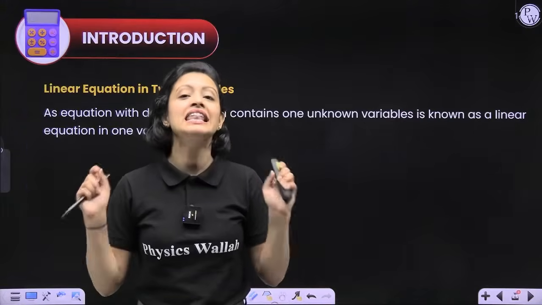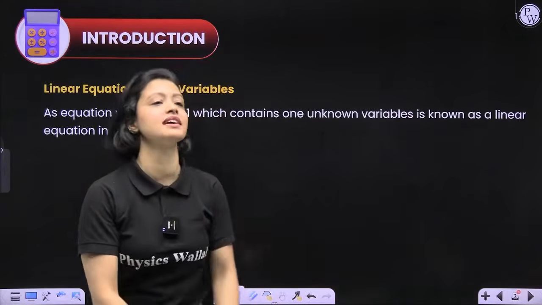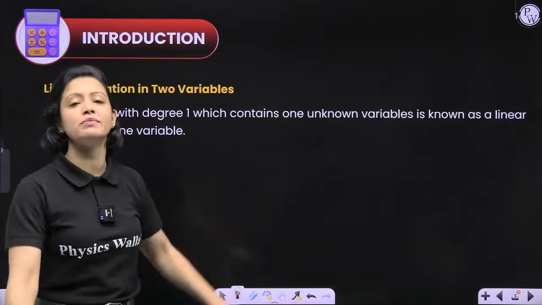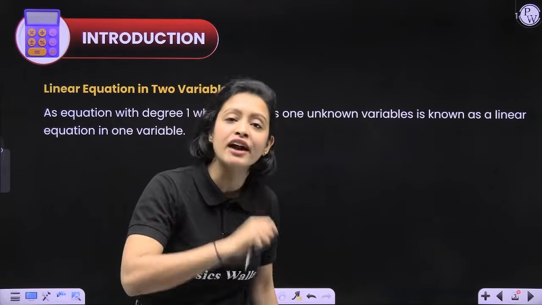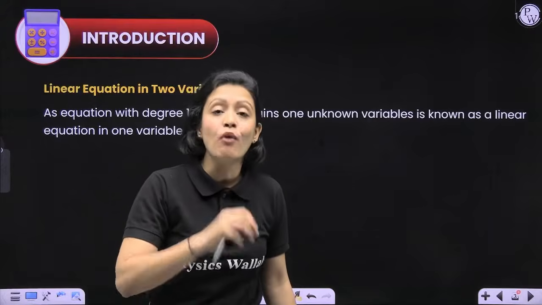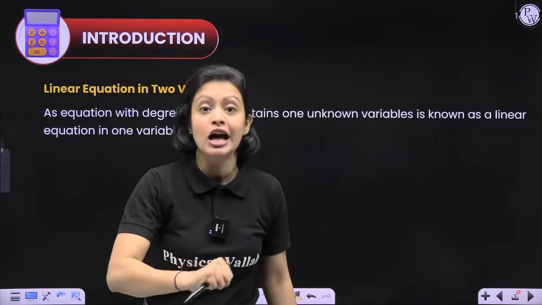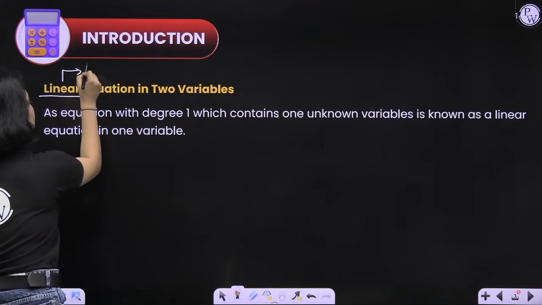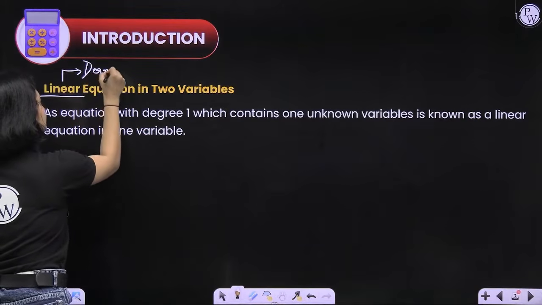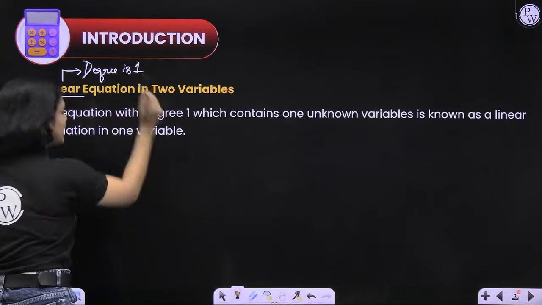So with that, let's start from the very basic, which is linear equation in two variables. This is something you have studied in 9th grade, but still we are going to start from scratch because it's important to build your foundation. Okay, so first of all guys, what does the word linear mean? Linear means that the degree is 1. That's what linear means, right?